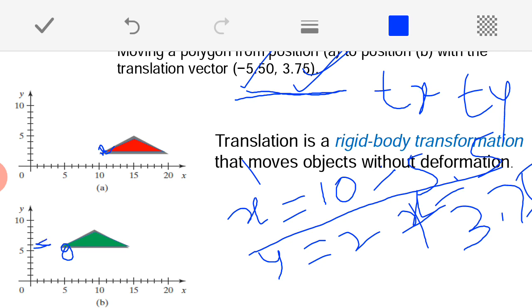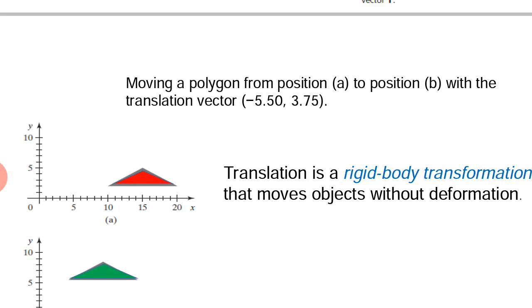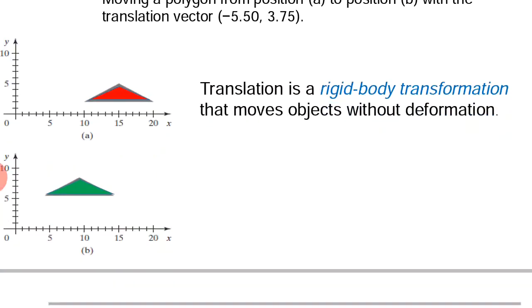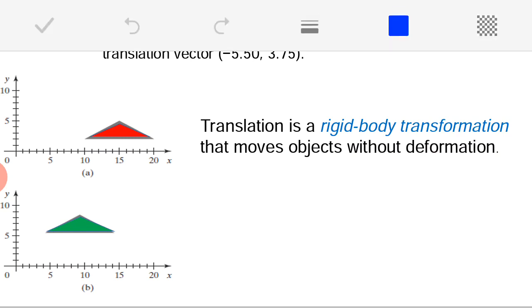Just have a look at here, my original position was here. The original coordinate values of one vertex of this triangle are actually 10 comma around 2, and after adding these translation factors I got it as how much?